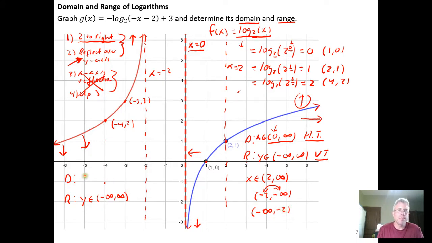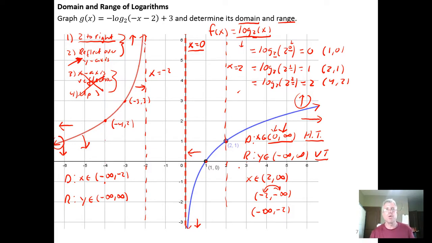So the domain ultimately is x is an element of negative infinity to negative 2, based on how the horizontal transformations impacted the domain of the original toolbox function. And the graphical evidence backs this up. We see that we have x's approaching negative 2 but never getting there. There's the vertical asymptote, and the x's, because of the arrow right here, are going off to negative infinity.